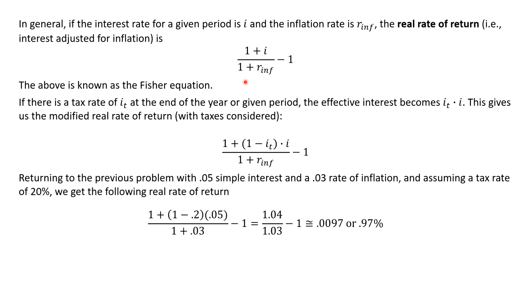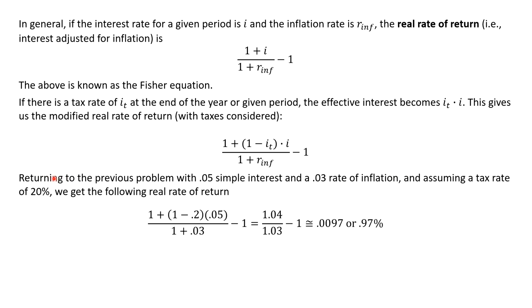So it's almost the same as this here, except you have your interest rate and then you lose this amount I sub t. So what you retain from your interest is the 1 minus that. And so, for example, if the tax is 3%, then you would retain 97% of the increase you're getting from your interest.